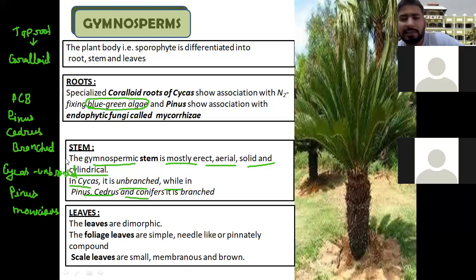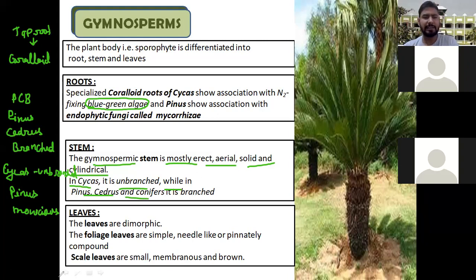Nereis and Heteronereis are both unisexual, that is dioecious in nature. Heteronereis is the sexually mature form and has two different parts, epitoke and atoke. This is your zoology portion, I'm not going to talk about it. So that means that is dioecious. Pinus, Cedrus, and conifers are branched.